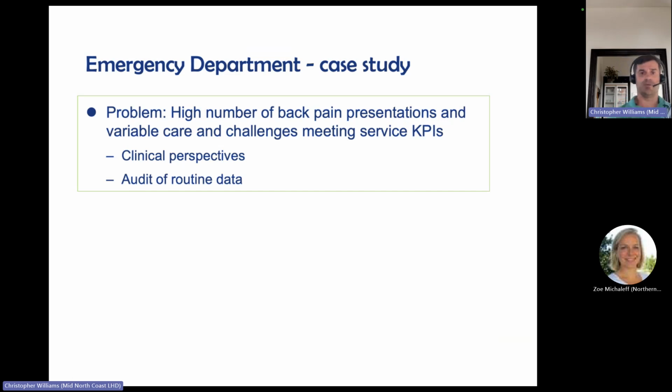And this problem was informed by a clinical perspective, so problems being identified by ED staff, but also audits of routine data showing that there's a high rate of opioid prescription, for example, or patients staying longer than New South Wales Health might like.